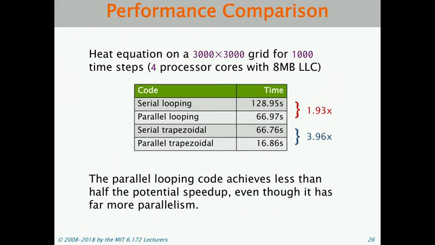Another thing to look at is to compare the serial trapezoid code with the serial looping code, as well as the parallel trapezoid code with the parallel looping code. So if you look at the serial trapezoid code, you see that it's about twice as fast as the serial looping code. But the parallel trapezoidal code is about 4 times faster than the parallel looping code.